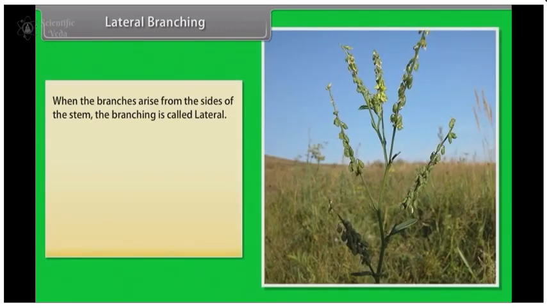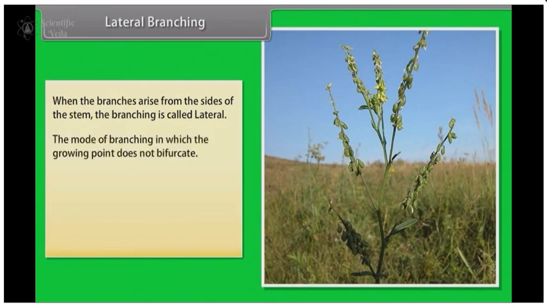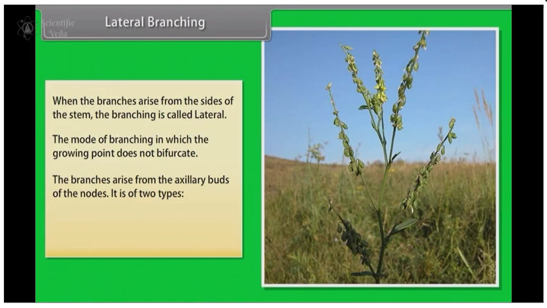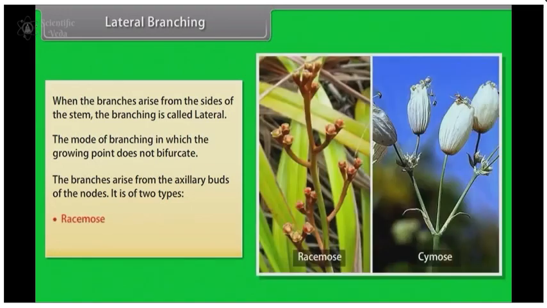When the branches arise from the sides of the stem, the branching is called lateral. The mode of branching in which the growing point does not bifurcate. The branches arise from the axillary buds of the nodes. It is of two types: racemose, cymose.